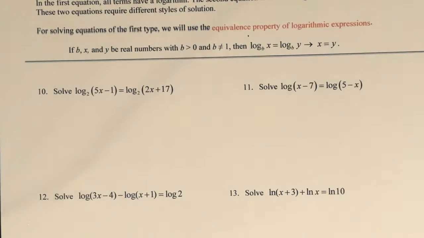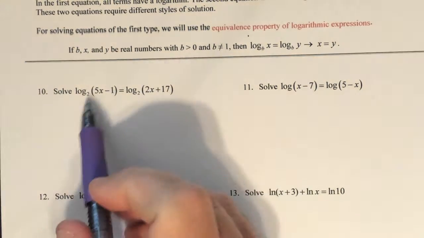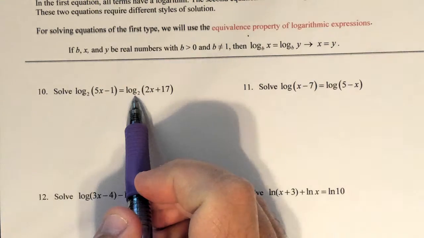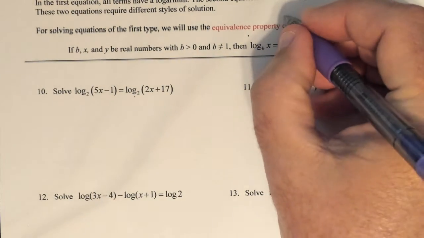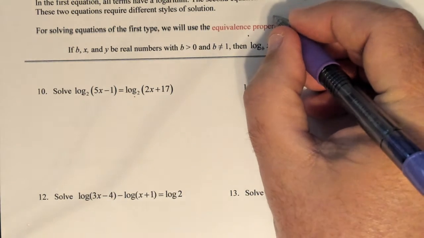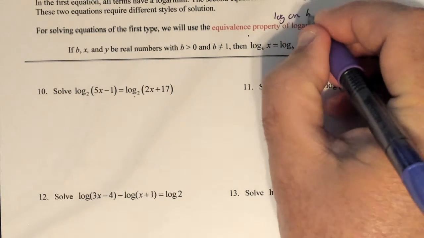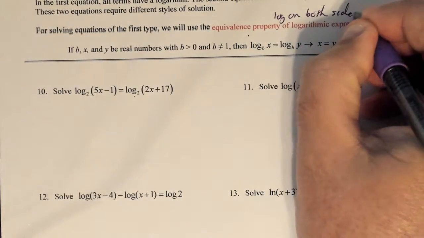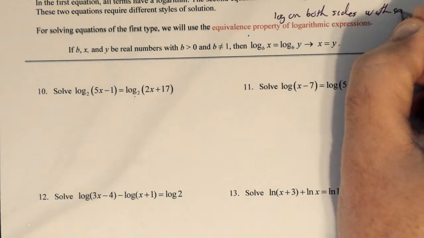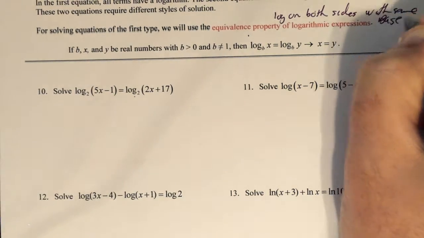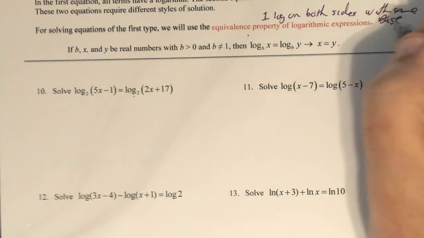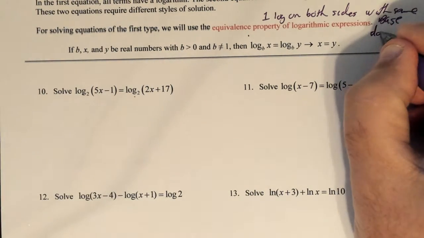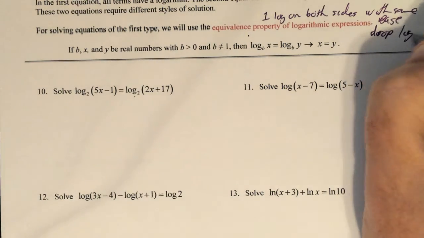Okay, if you look at number 10, we have log base 2 and log base 2. So there is a rule, the equivalence property, which means if I have just one log on both sides with the same base, you can drop the logs.